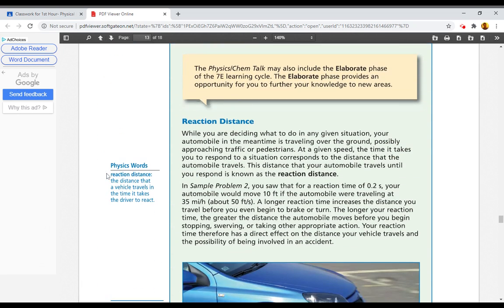Theories, it says. The physics chem talk may also include the elaborate phase of the 7E learning cycle. The elaborate phase provides an opportunity for you to further your knowledge to new areas.